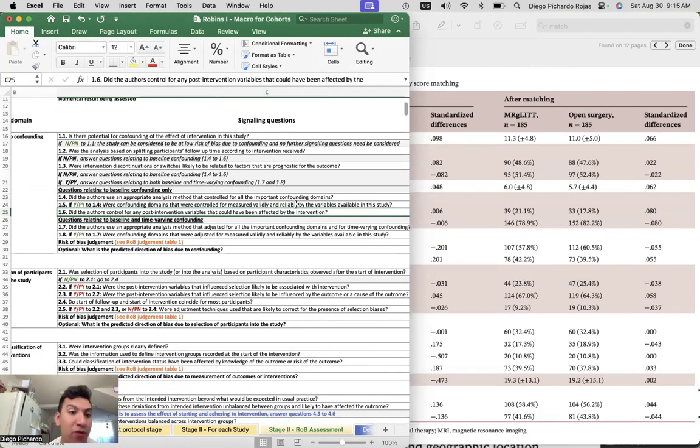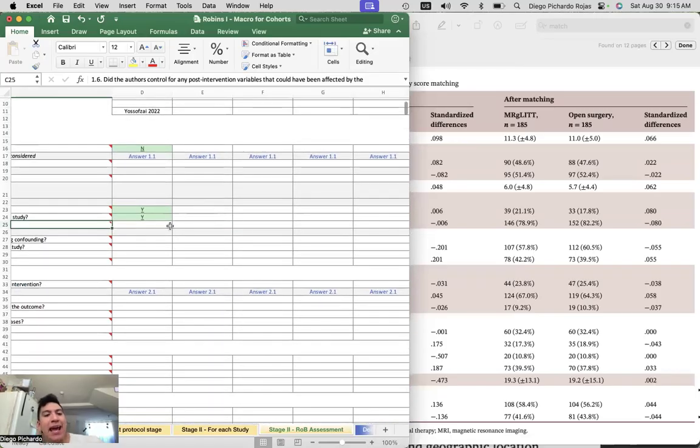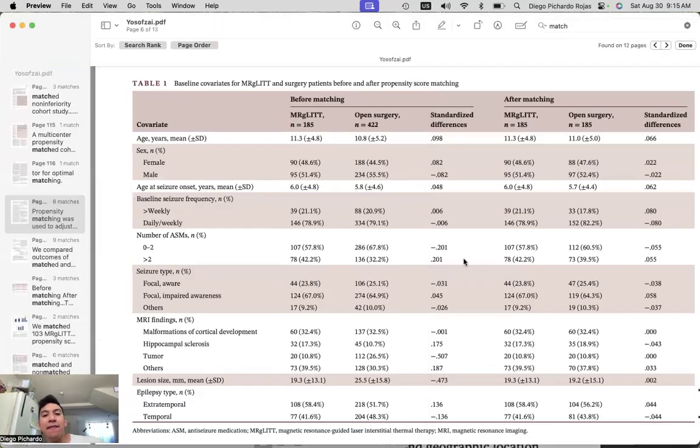Did the authors control for any post-intervention variables that could have been affected by the intervention? What is ideal is that they don't control for them. Imagine they say, after the surgery, all the patients that died were not considered for analysis, or all the surgeries that went wrong, we're just going to remove those from analysis.